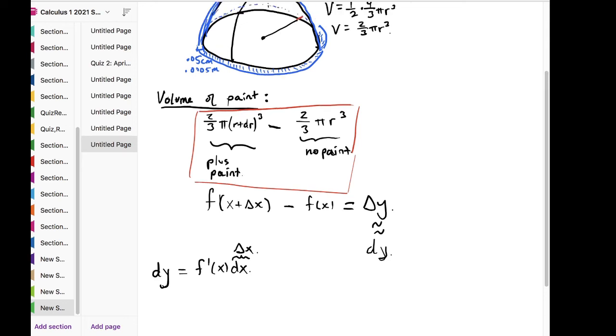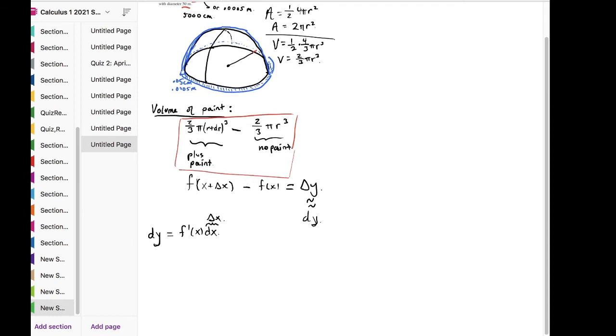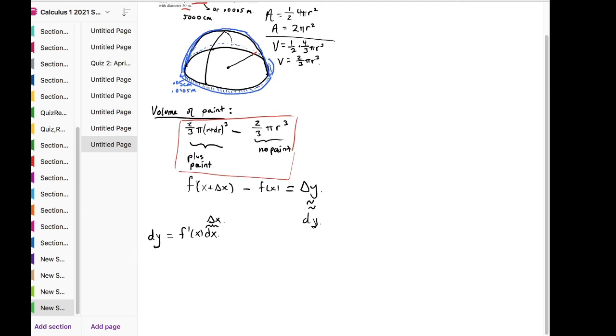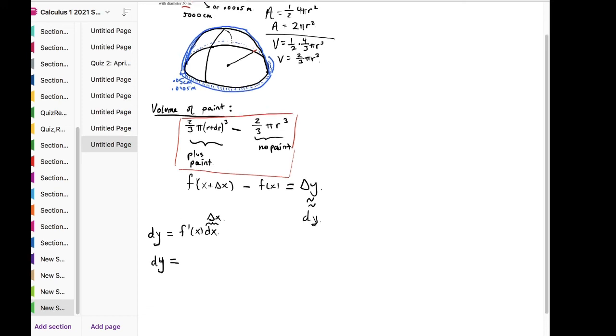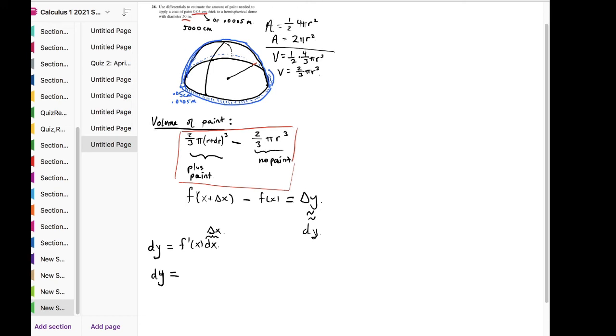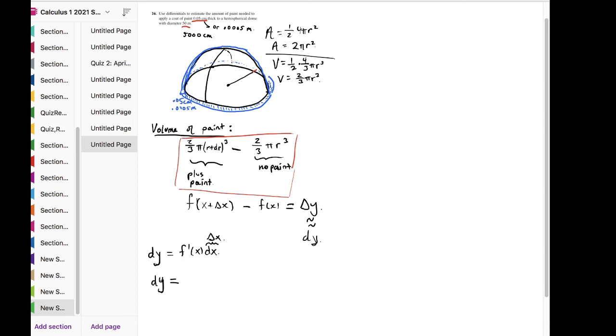Okay, cool. So let's do it. What's f prime? So what's the derivative of 2/3 pi r cubed?